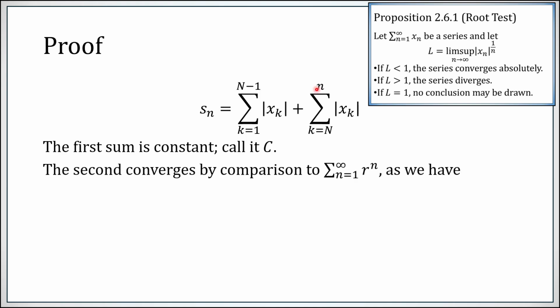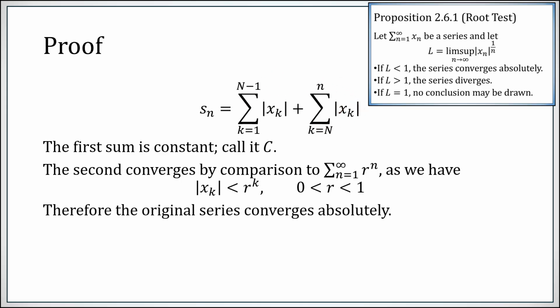Now the second series here, this absolute value of xk is less than R to the k, but remember R was between 0 and 1. So the sum of R to the k converges because it's a converging geometric series. By the comparison test, so does this series here as n goes to infinity. And this was just a constant. So the original series converges absolutely.